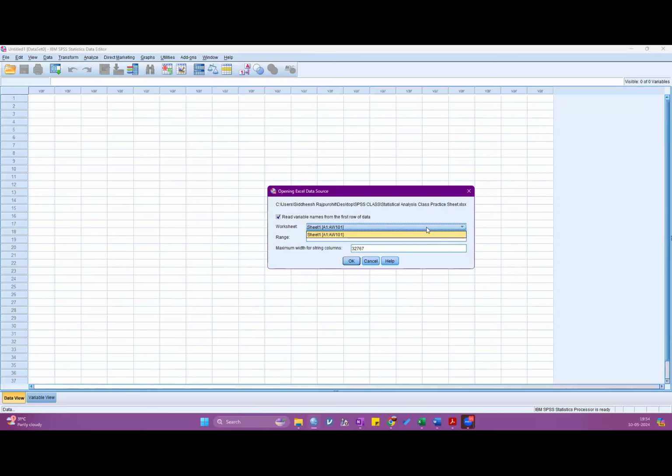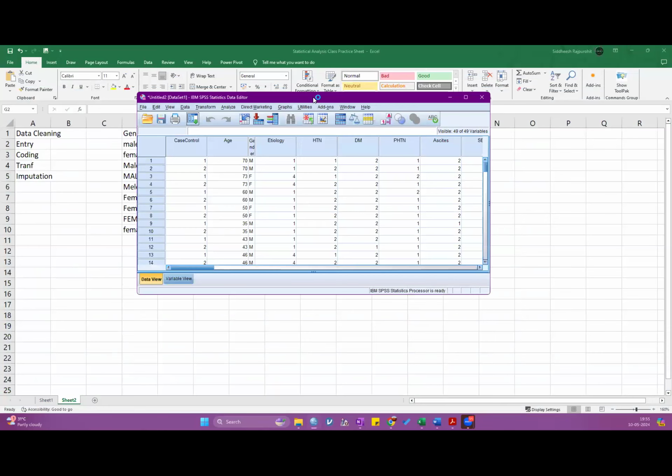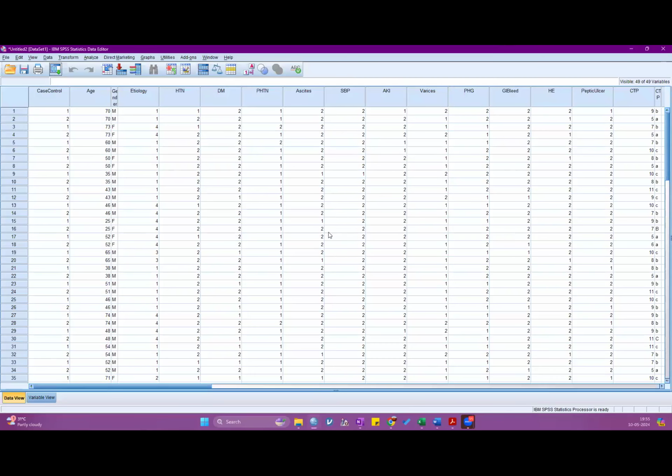Okay, open. Now you will get this type of block. If you have more than sheet one, it will show you more than sheet one. Then you can select as per your interest. Then click on OK. Now here is the SPSS chart. Do not worry, we are going to learn all these steps in the next class, but I'm just teaching you two important things. That's it.